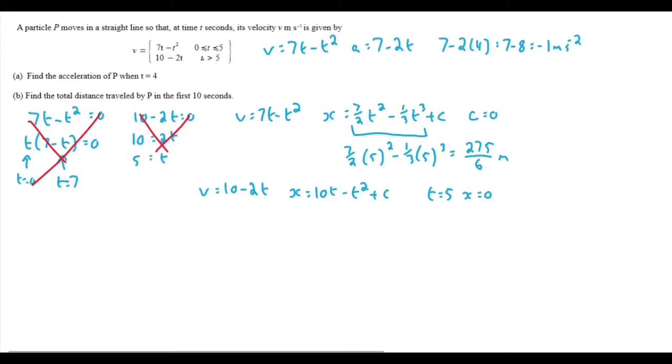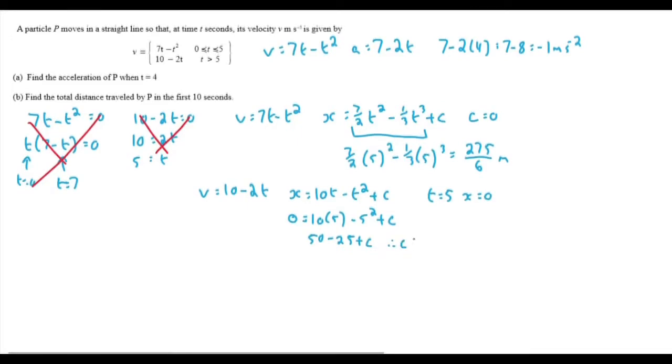Yes, this equation doesn't actually happen when t is 5, but if you think of it like when t is 5.00000, however many zeros, 1 after this point, it's now moving off from this new start point. So here we have 0 equals 10 lots of 5 minus 5 squared plus c, so that's 50 minus 25.